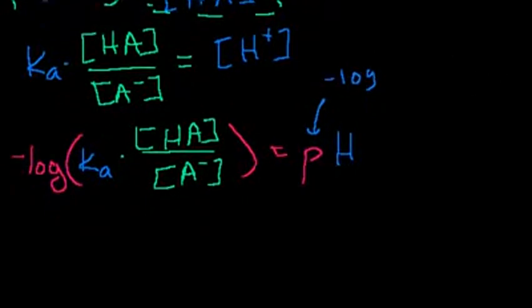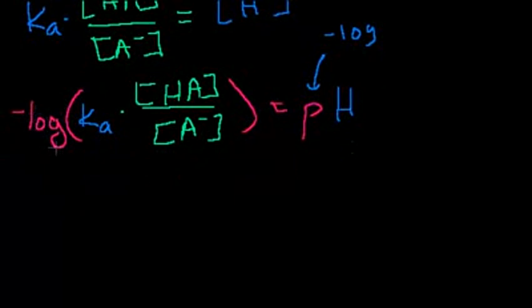Let's see if we can simplify this any more. So our logarithmic properties, we know that when you take the log of something and you multiply it, that's the same thing as taking the log of this plus the log of that.